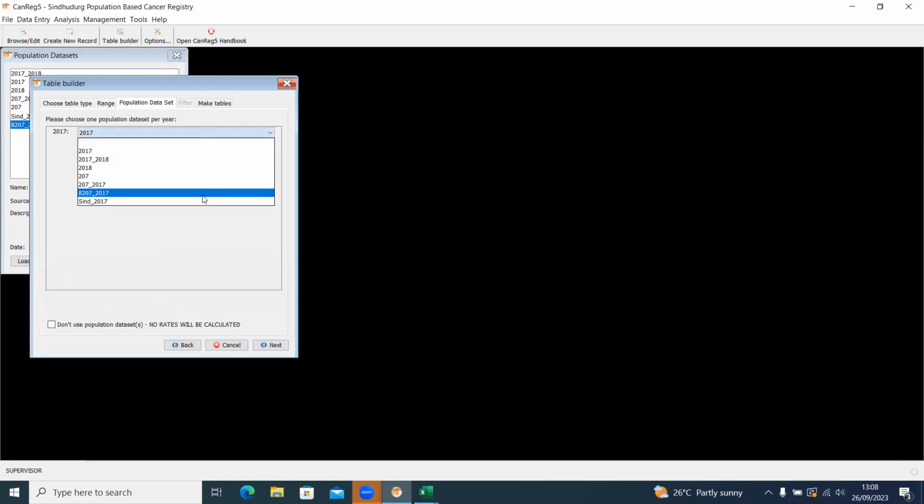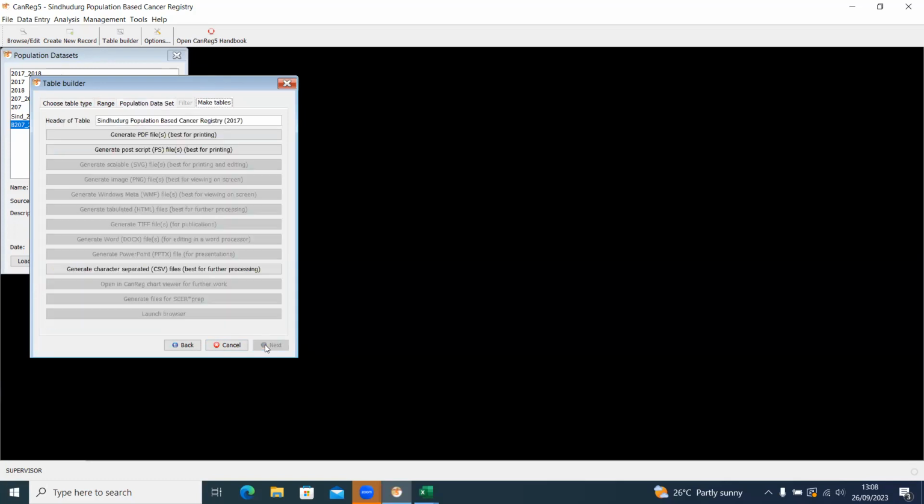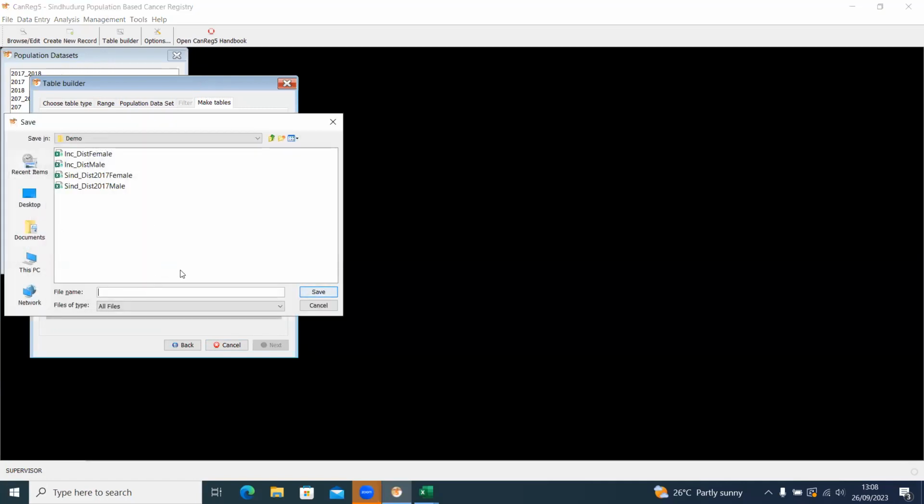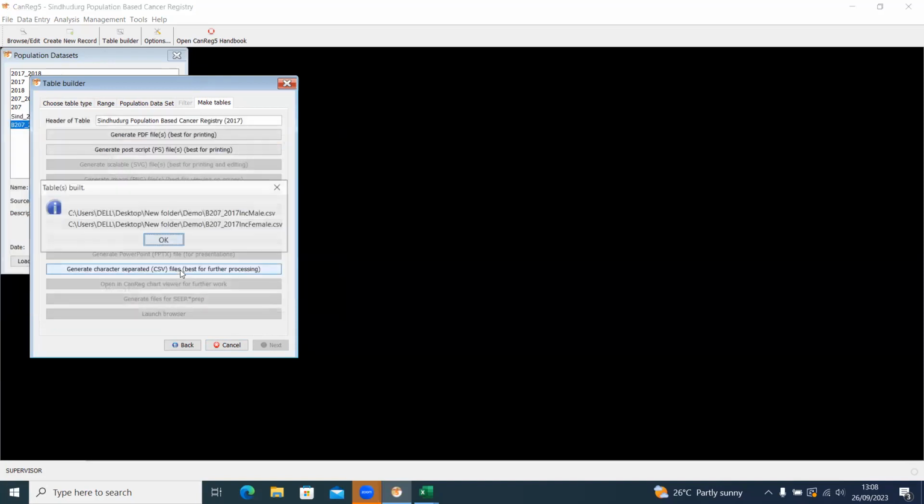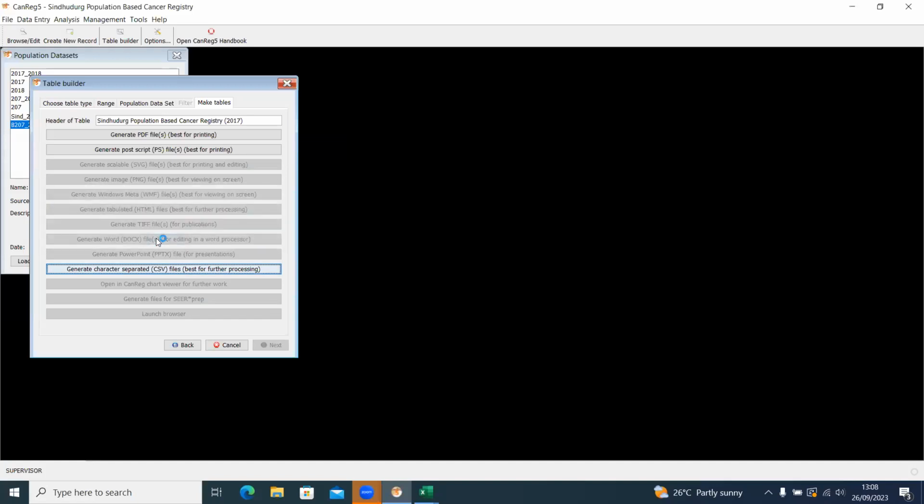Now here I will select the data set which I just added for block 207. Go to next, and click on save. Now this is generating two files. Let us check.